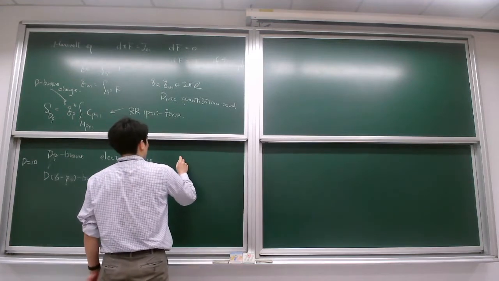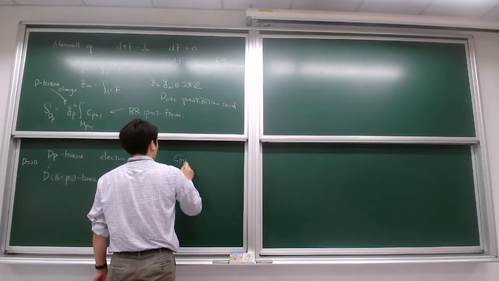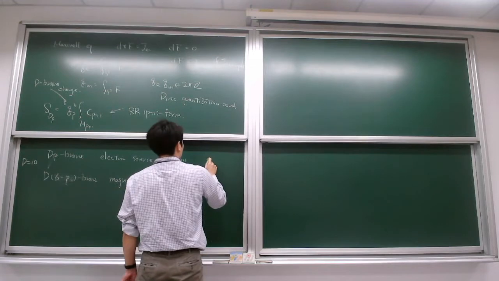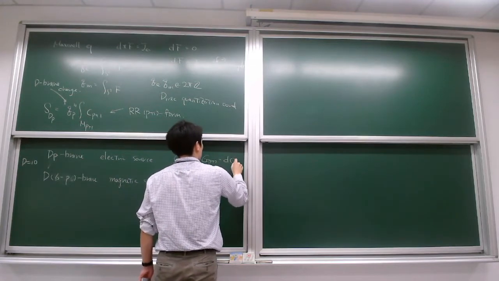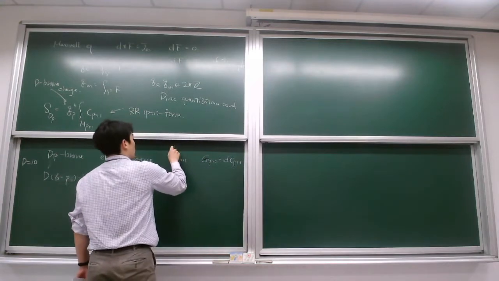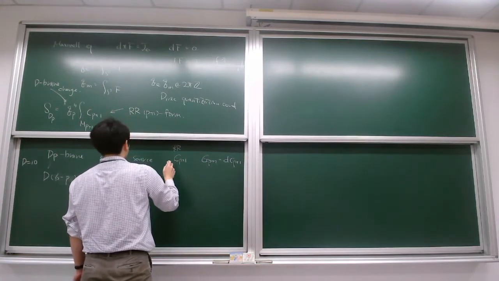This is coupled to C_{p+1}, whose field strength is G_{p+2}. This is Ramond-Ramond, and they couple.